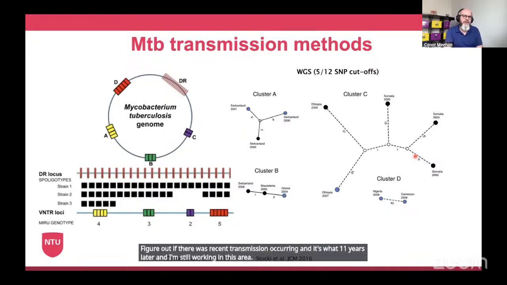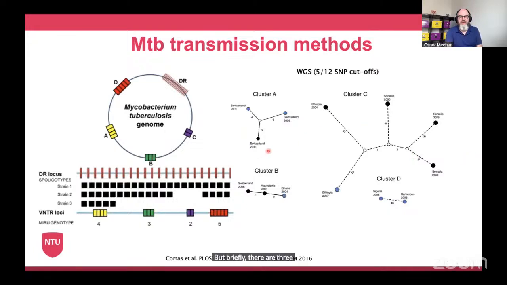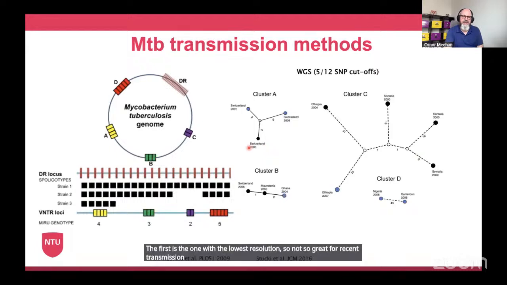But briefly, there are three different ways that people sometimes go about it. The first is the one with the lowest resolution, so not so great for recent transmission, but for older transmission, but is still used quite a lot, and is what's called the spoligotype or the direct repeat region. This is based on CRISPR patterns, if you've ever heard of CRISPRs.